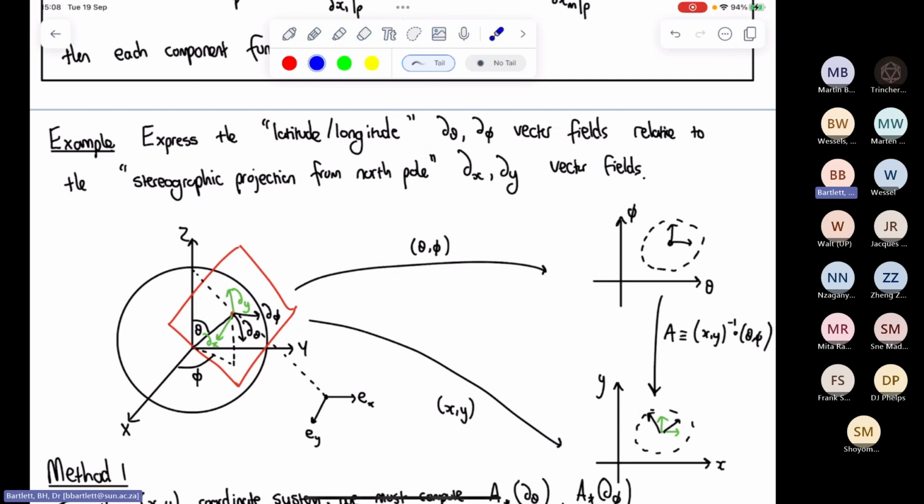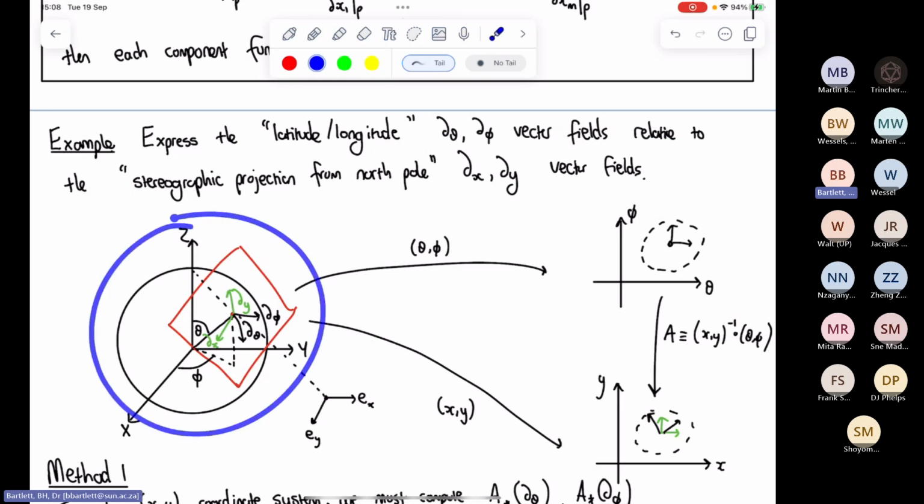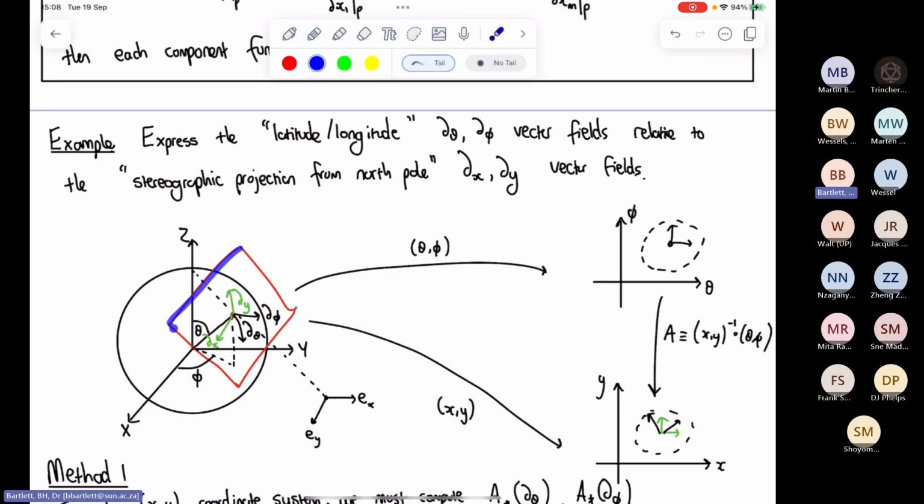Right, so let's understand what's going on here. Here's the two-sphere. Here's a tangent space of the two-sphere at a certain point. And there's two charts on this two-sphere. Well, there's lots of charts, but I'm singling out two. One of them is going to be the latitude and longitude chart. We haven't really spoken about that up to now, but that's an important chart on the two-sphere, right?